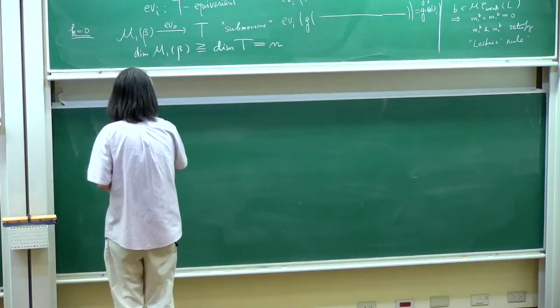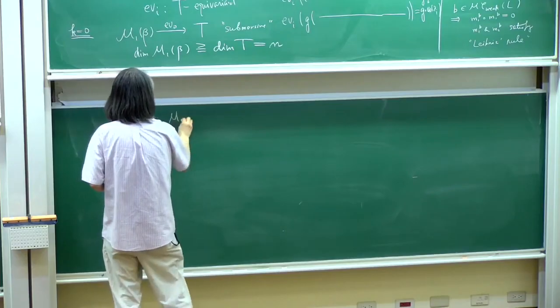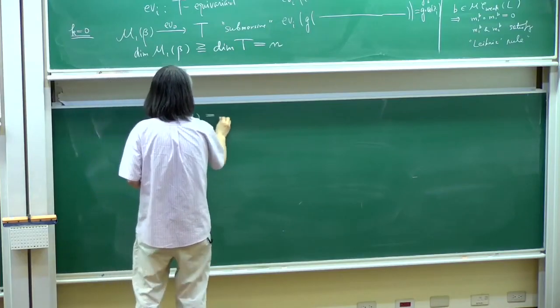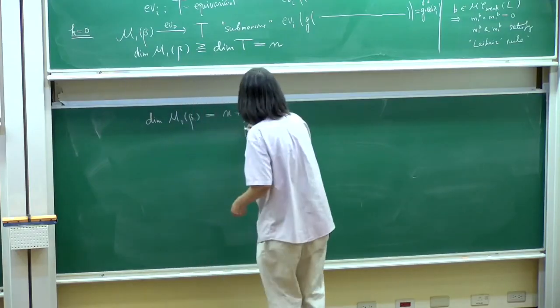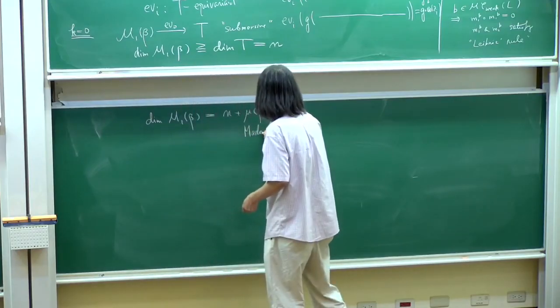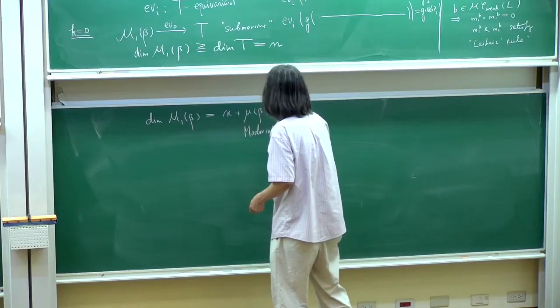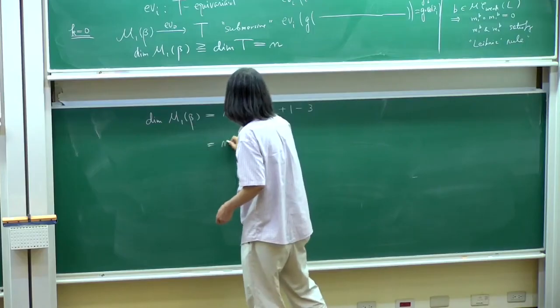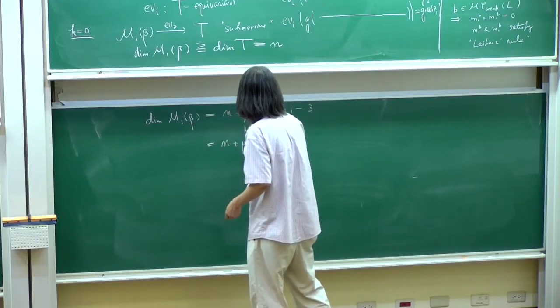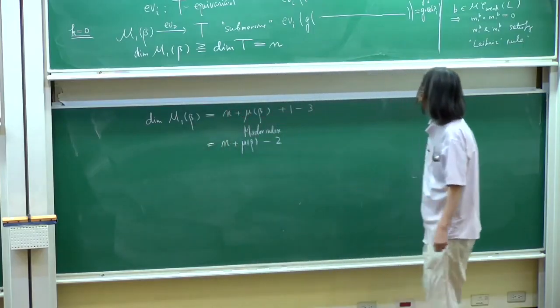Because the dimension of this m1 beta is equal to n plus mu beta, so this is the Maslov index, plus 1 minus 3. So therefore this one is n plus mu beta minus 2.